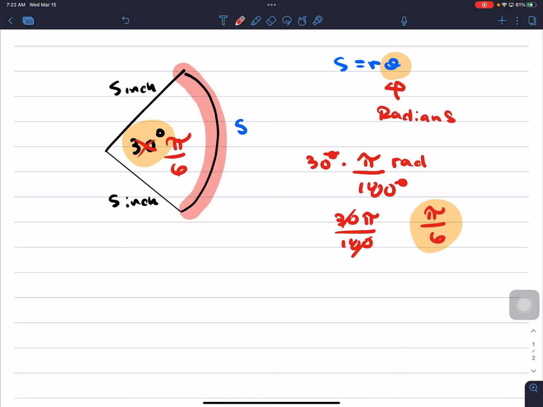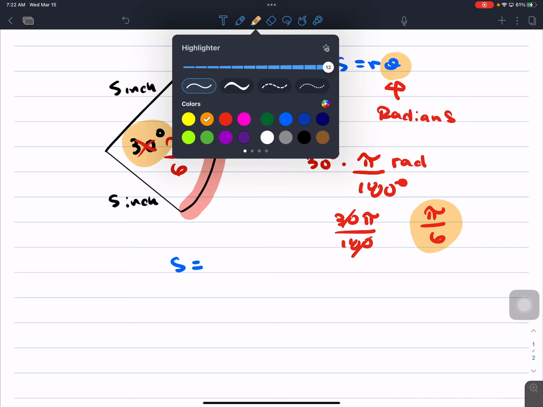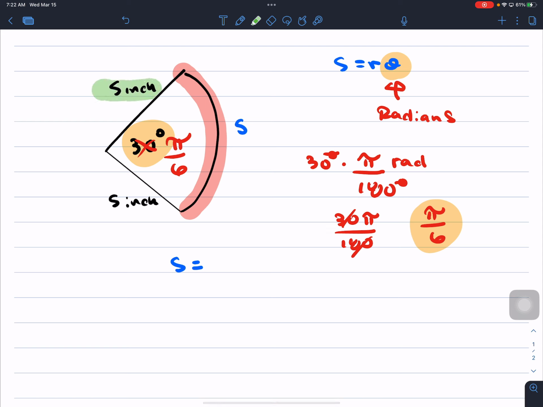And then so now you get to use your what? Arc length formula. What's the radius? Okay, what was the radius? You guys remember? That says 5 inches. This is 5 inches. So I'm going to write down 5 what? Inches. That, ladies and gentlemen, is the radius.